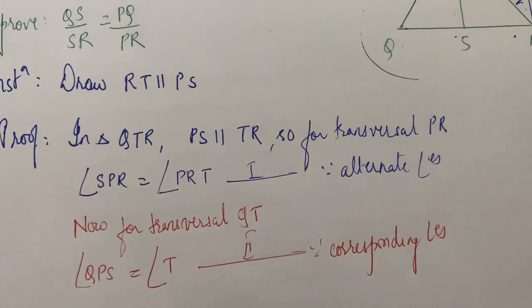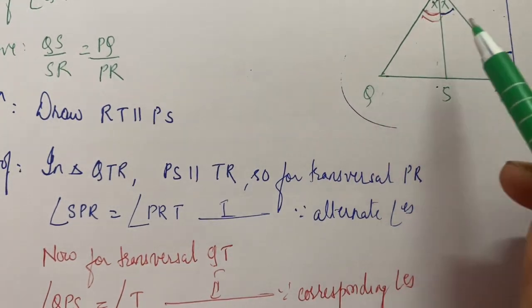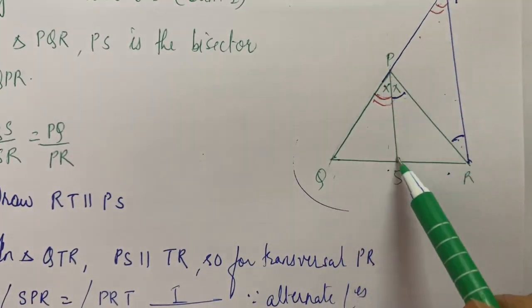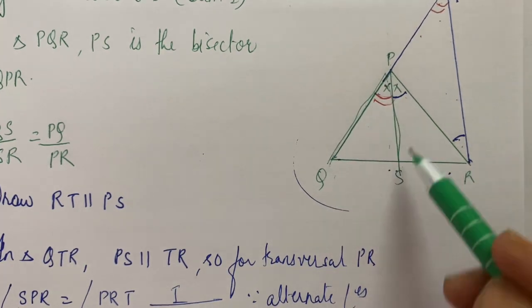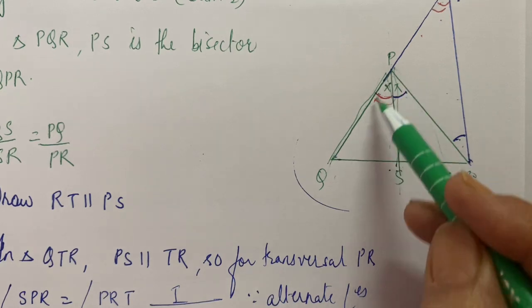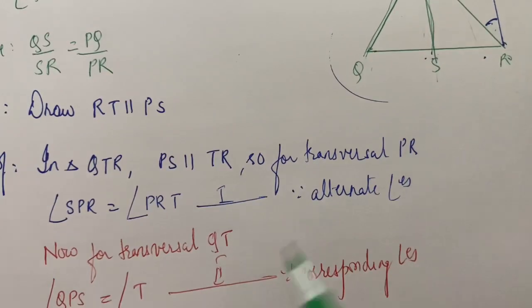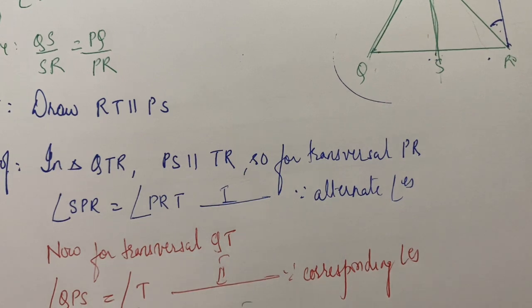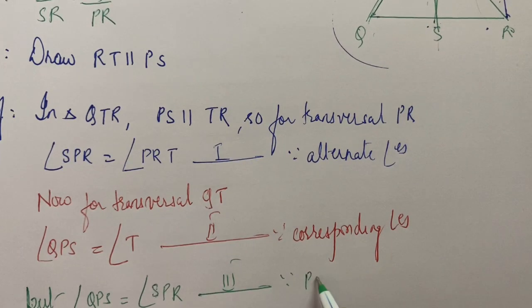Okay, but now what actually is this? But you have angle QPS is equal to angle SPR. Why? Because PS is the bisector of angle P. So angle QPS is equal to angle SPR. This is your 3. Reason is since PS is the angle bisector.